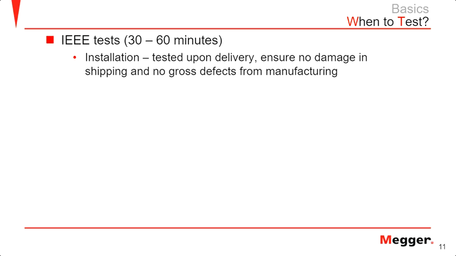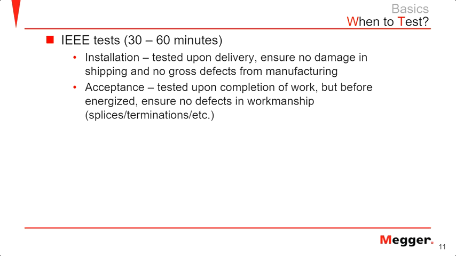So either it's installation, that is tested upon delivery to make sure there are no damages during shipping or there are no gross defects that came from the manufacturing side of things. Once that is done, you can do acceptance testing, that is upon completion of work, but before being energized. So you are making sure that your splices, terminations, accessories, everything operate and survive as they're supposed to.